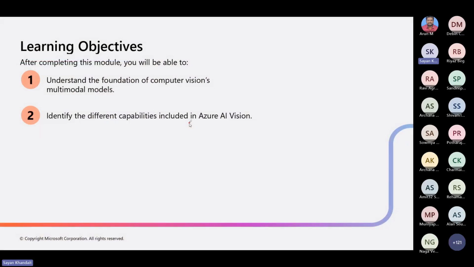By the end of this module, our objective is to understand the foundation of the multimodal models of a computer vision service and identify the different capabilities of the AI vision service.